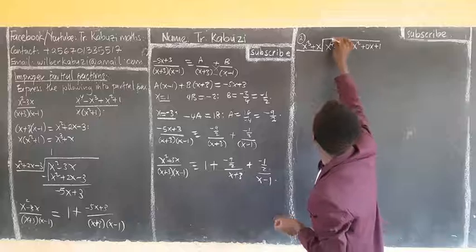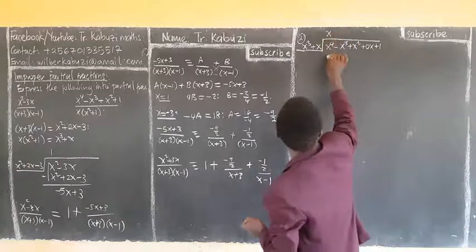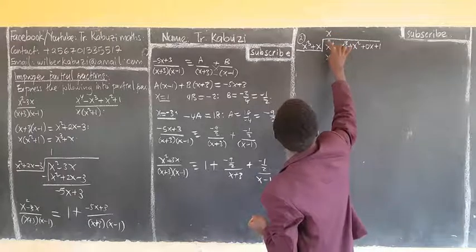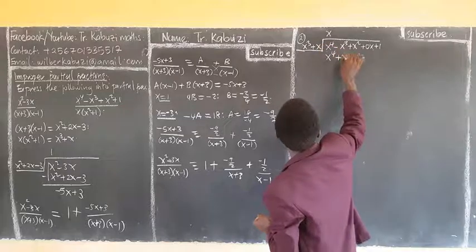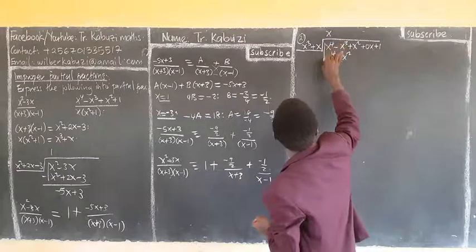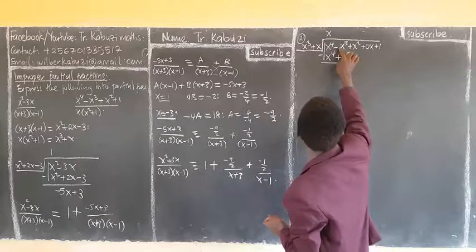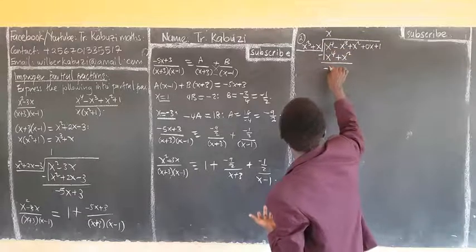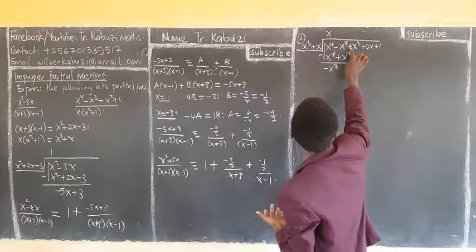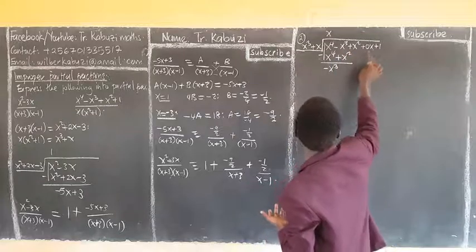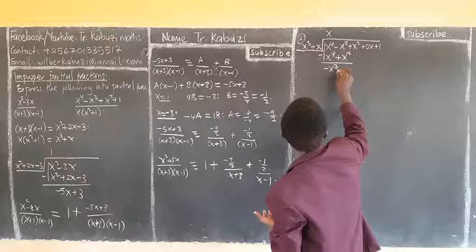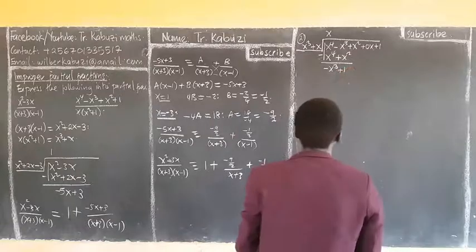So this one goes here, x, this time is this, x power 4, then this time is this, get plus x squared. Then you subtract this minus this 0, negative this minus, so you have negative x cubic, then this minus this goes to 0, then you have plus 1 surviving.